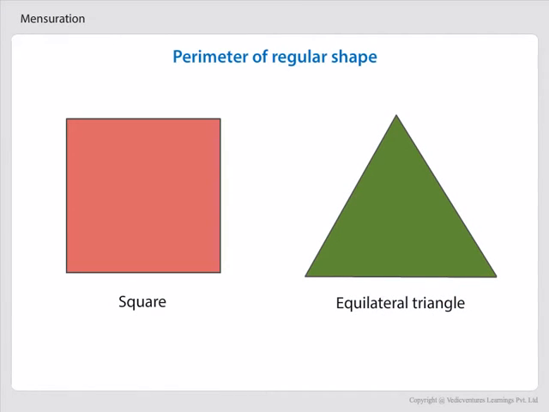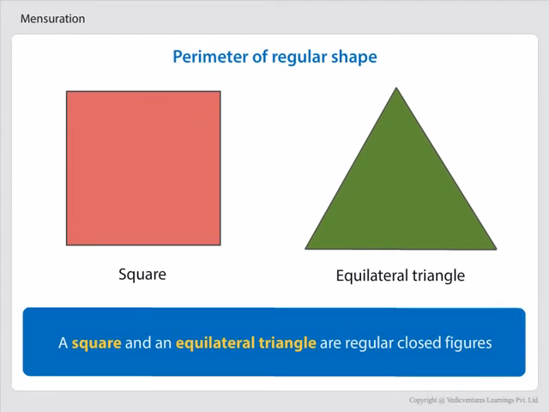What is similar between a square and an equilateral triangle? They are figures having all the sides of equal length and all the angles of equal measures. Such figures are known as regular closed figures. Thus, a square and an equilateral triangle are regular closed figures.